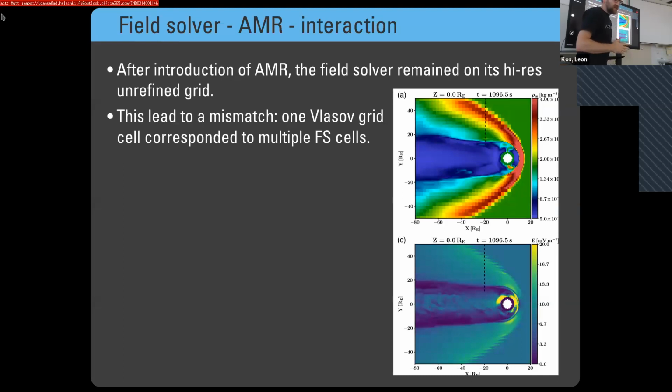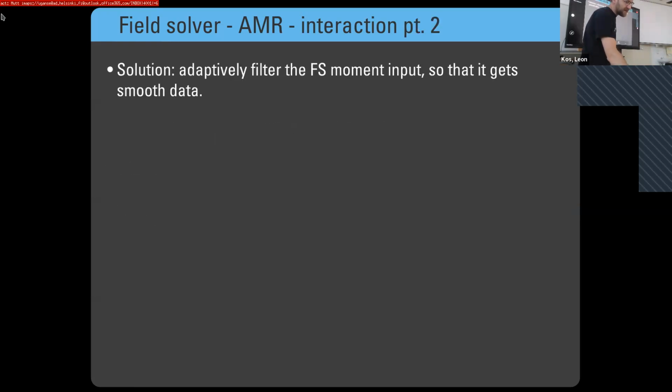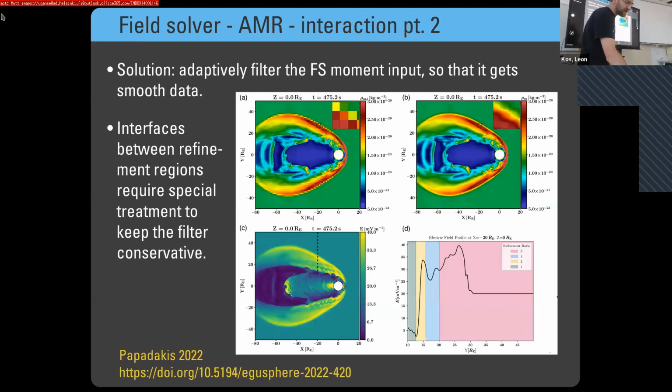And so what we needed to do there was a smart coupling approach between these two. Just copying the data back and forth and averaging them was not good enough per se. And so there is a publication by Papadakis et al. last year. What we decided to do is, when we're coupling multiple field solver cells to our Vlasov solver cells, we're actually running a smoothing kernel on them so that they are appropriately smeared out.